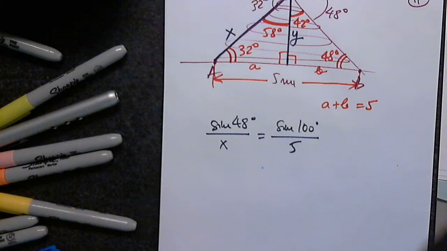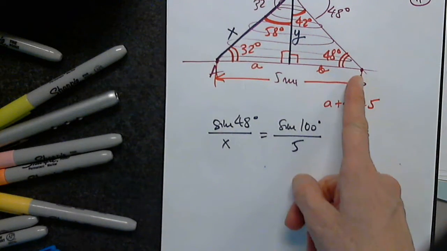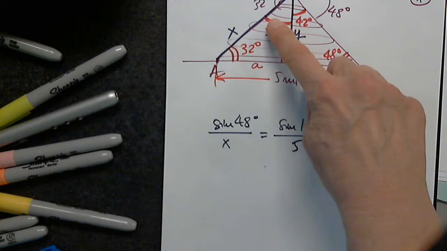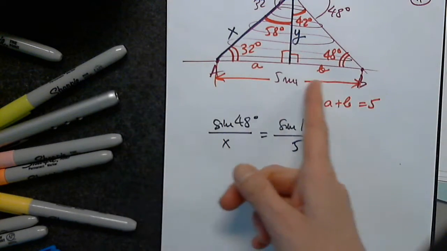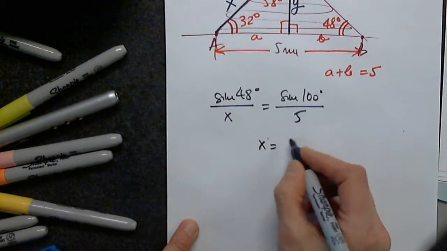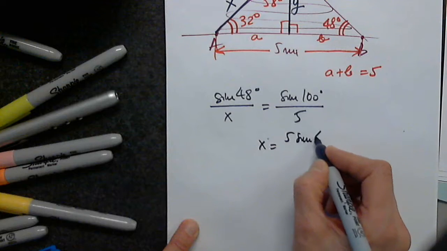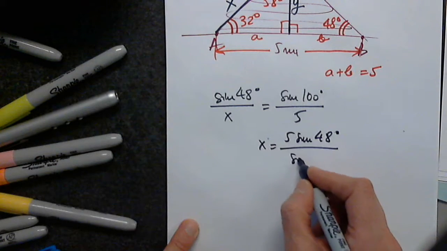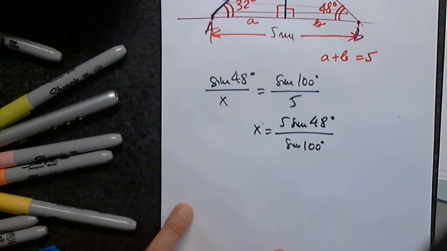So sine 48 over the opposite must equal sine 100 over the opposite. That's all I need to find x. So cross multiply, so x equals 5 times sine 48 over sine 100.